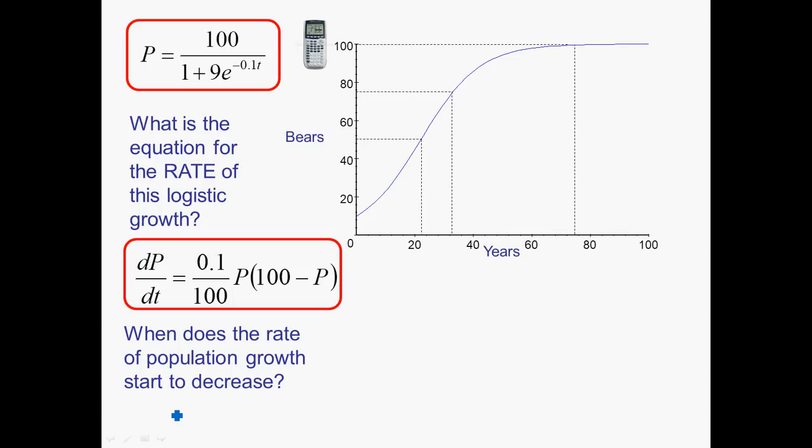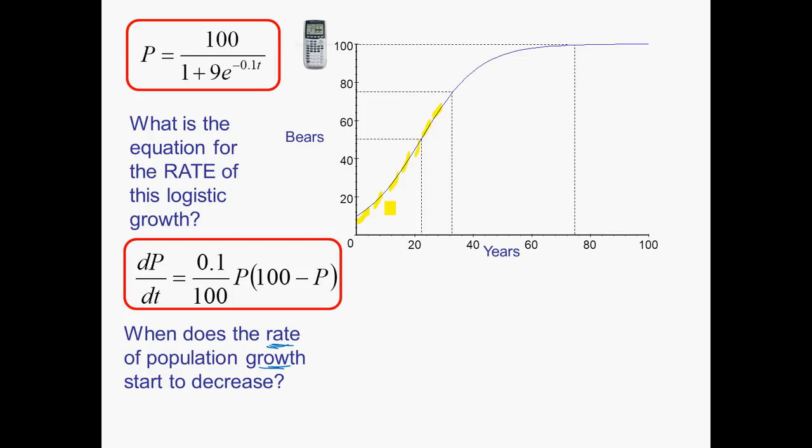When does the rate of population growth, not the population growth, the rate of the growth. Well, I kind of showed you that before with tangent lines. Tangent line, rate of change is positive, but steeper, positive, steeper, positive, steeper, still positive, but oh.